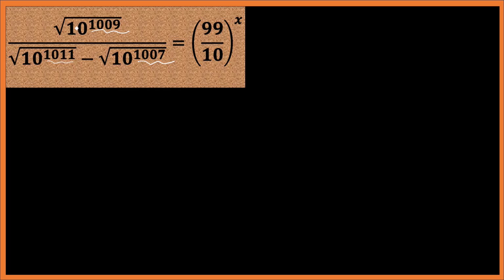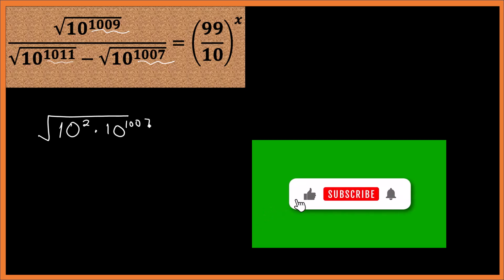So what we are going to do is write 1007 out of this, and do the same from here. I'll write the numerator as square root of 10 raised to 2 times 10 raised to 1007.